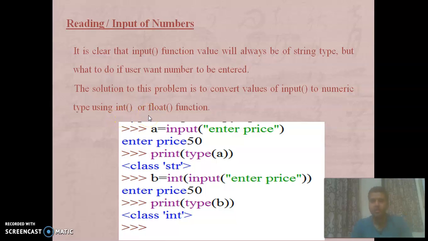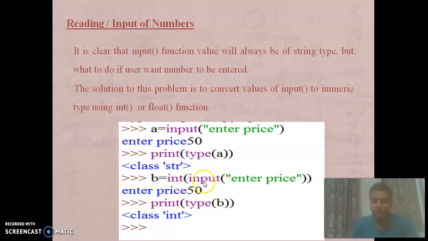Suppose you want the value to be an integer, then you convert the input, the string class, into an integer; or if you want a float, you convert it to a float. See, first for a, you put the input message and the value 50, and the type of a is str, that is string.